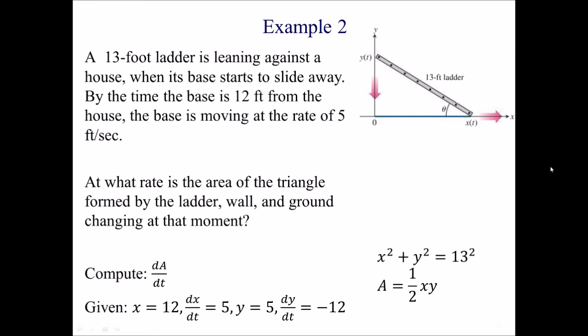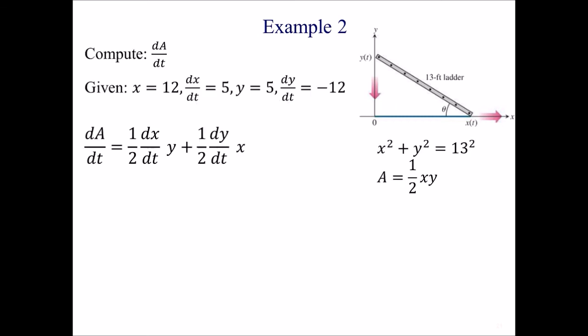I also write a new equation relating x and y, this time the area equation. So the area of a triangle, which is what the ladder is forming against the wall and the ground. The area is base, which is x, times y, which is the height, all divided by 2. So the area is 1/2 xy. Okay, so going to take the derivative of A with respect to time.